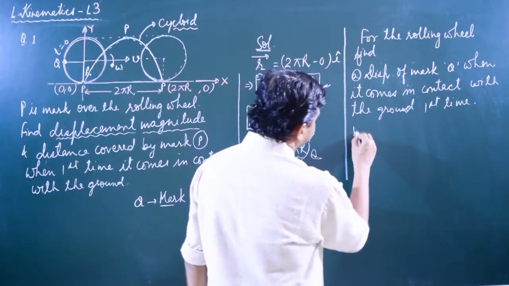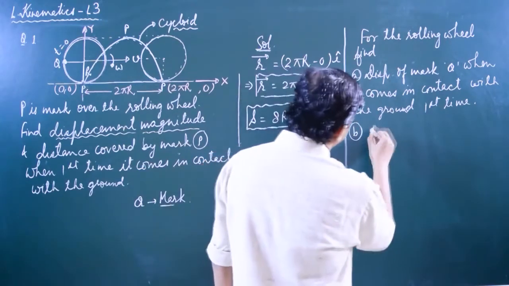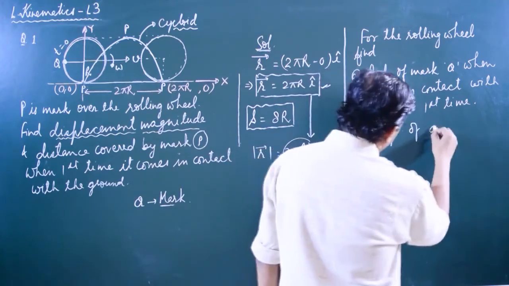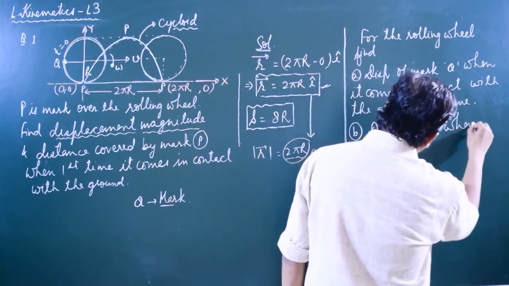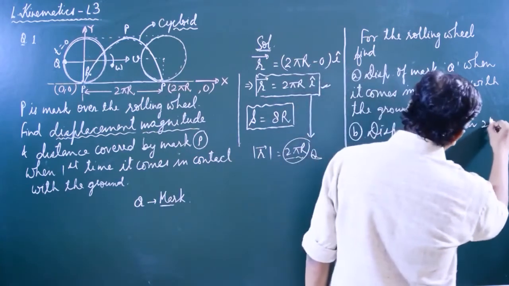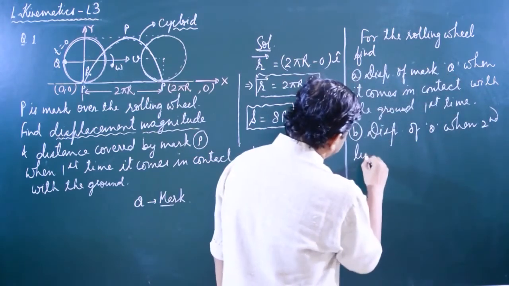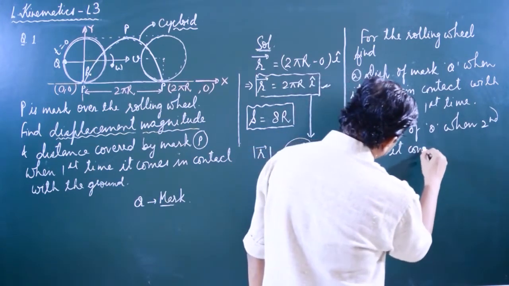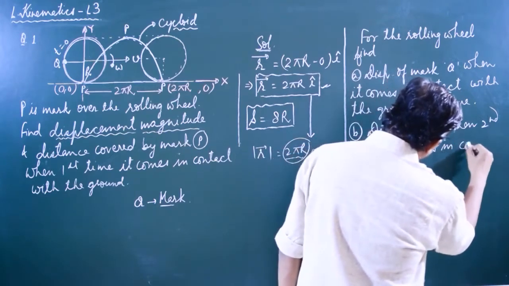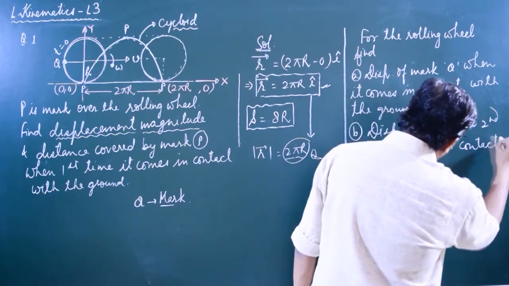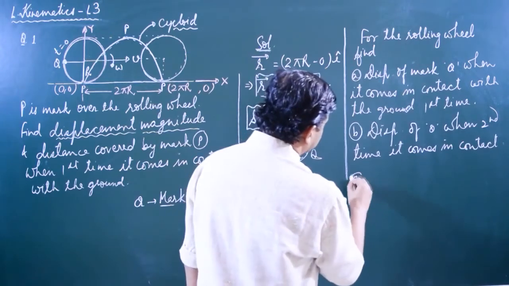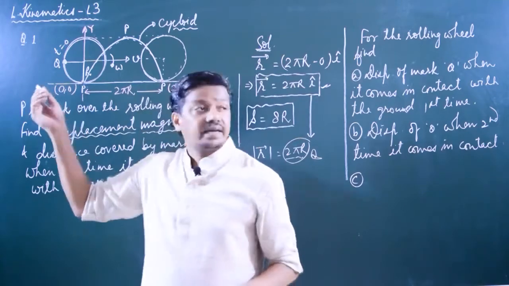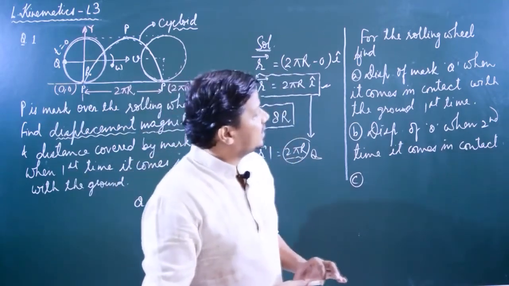Second part, displacement of mark Q when it comes in contact with the ground the second time. And the third part, you have to find the displacement when this point Q comes in contact with the ground the nth time.